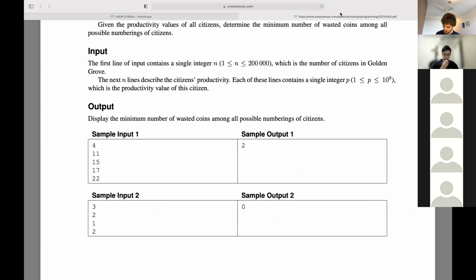For the second sample, there are only 3 arrangements, so it's easy to check them all. With 1, 2, 2, you'll get a gold coin from the first pair and nothing from the second, so your cost is 1, because the difference between gold and silver is 1.